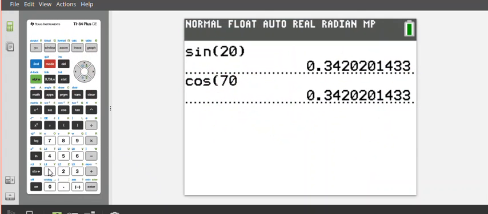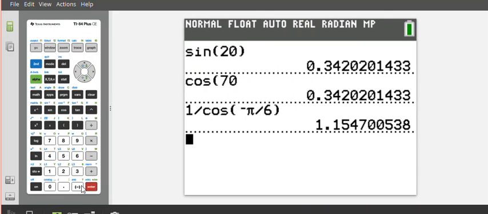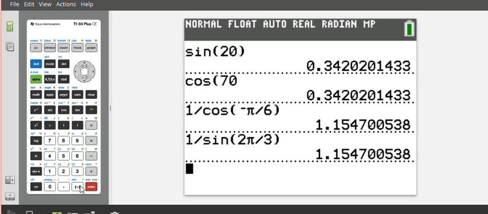To do that, I'm going to do 1 over the cosine of negative pi over 6. There's the decimal expansion. Now I'm going to look at the cosecant of 2 pi over 3. That's 1 over the sine of 2 pi over 3. And I have a match. So I know I've found a correct solution for the equation.